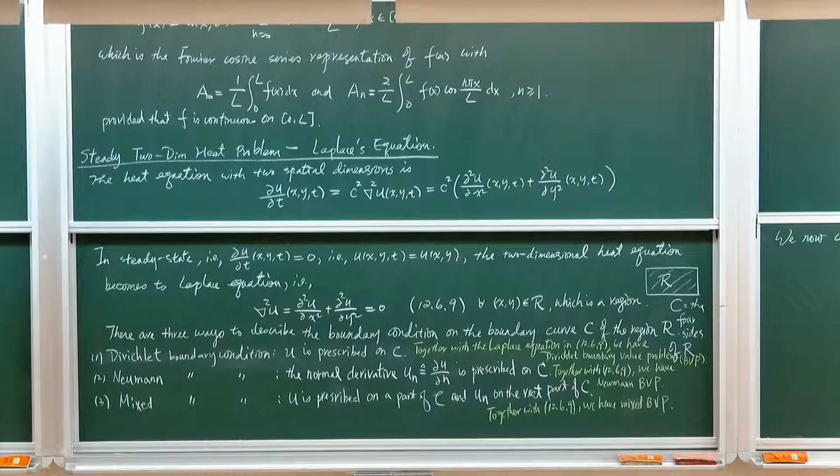Along this side, u(A, y) is 0 for all y in (0, b). For this side, the temperature is 0, and u(0, y) is also 0 for all y in (0, b).